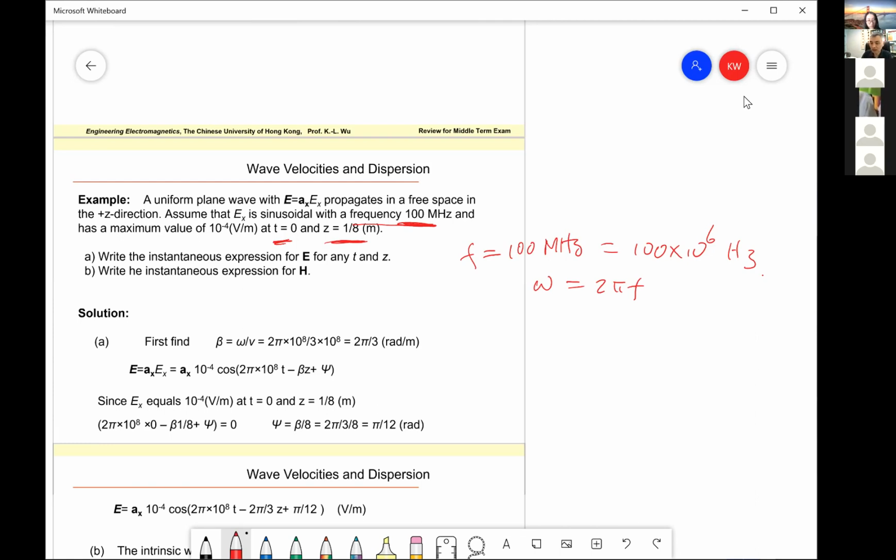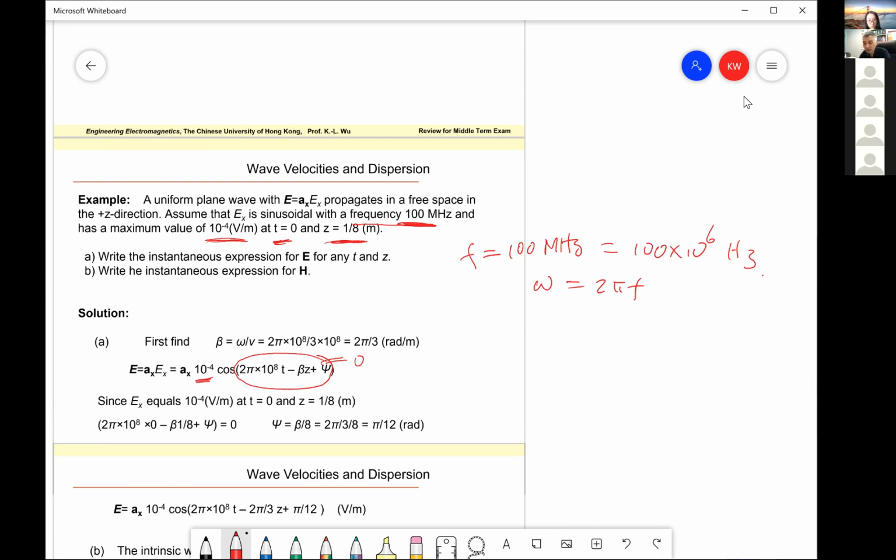Why is this? Because t equal to 0 gives you a maximum value. The field reaches its maximum magnitude when the whole phase of the cosine equals 0.